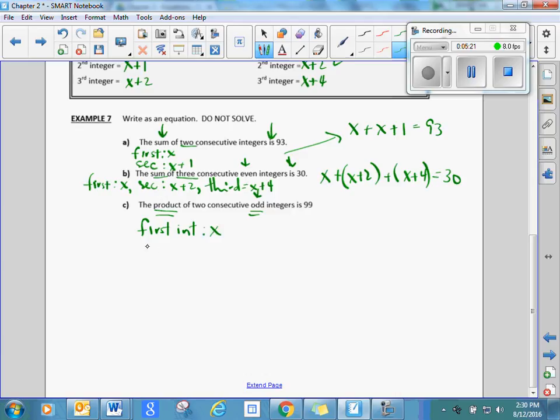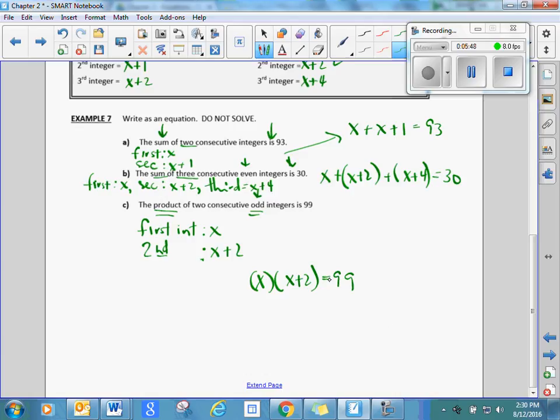The second integer is x plus 2, skipping over the one right next to it and picking up that one. And writing the equation, we want the product of these two guys. Remember, we're going to use parentheses to show that we're going to multiply these two guys together, and that product is 99. And you don't have to solve it, so you are actually finished.